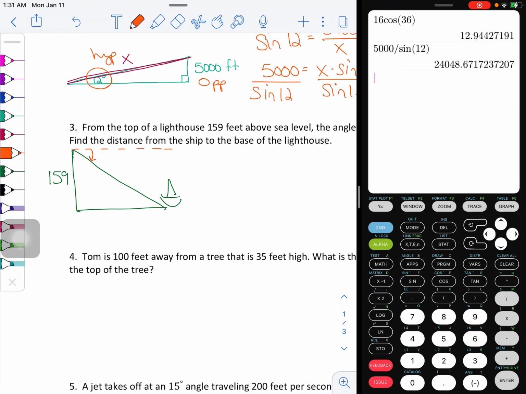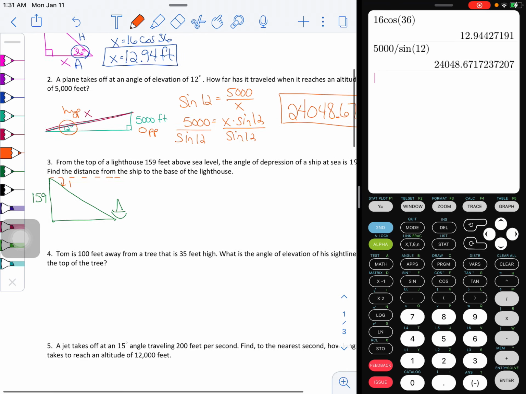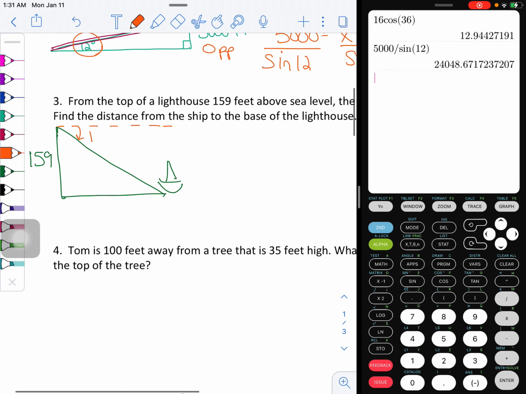And they glance down, they depress their eyes, and they spot the boat. So this angle, let me make sure I got the right one. Yep, 19 degrees, is actually outside of the green triangle that I want to use.